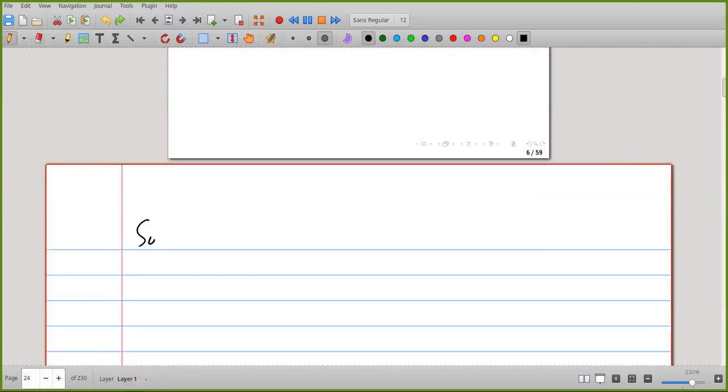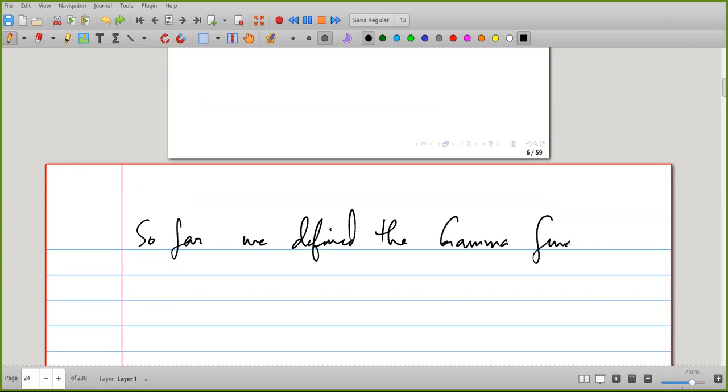So far we defined the gamma function on the complex plane minus the non-positive integers.